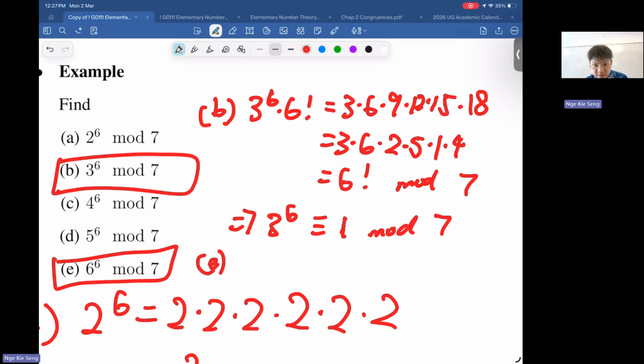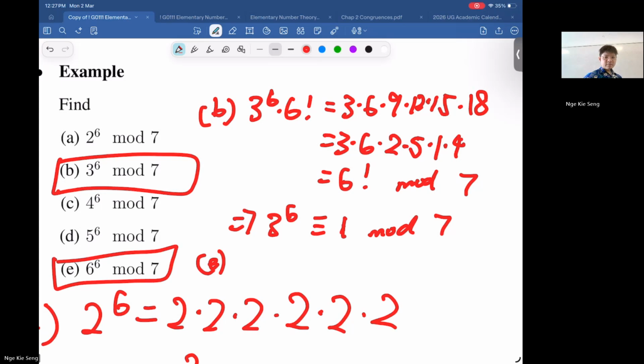Is E even easier? Are you using Wilson's theorem for E or not? How do you get E? What's the answer you get for E? Is it 1? Yeah, sure.